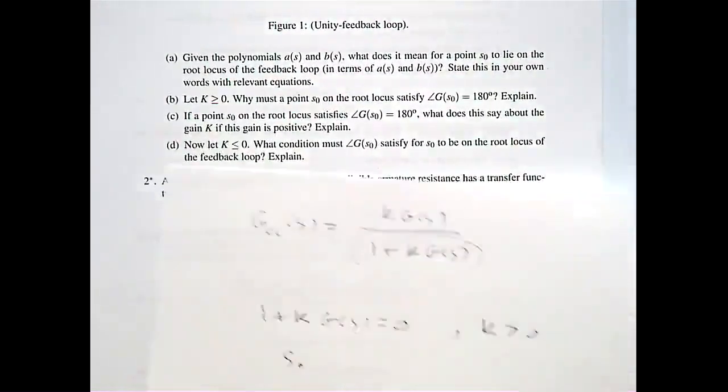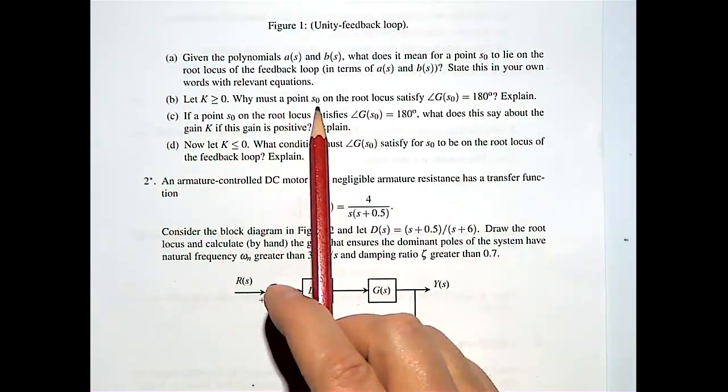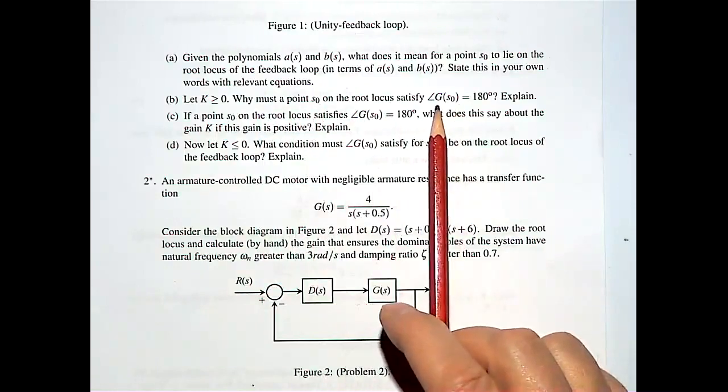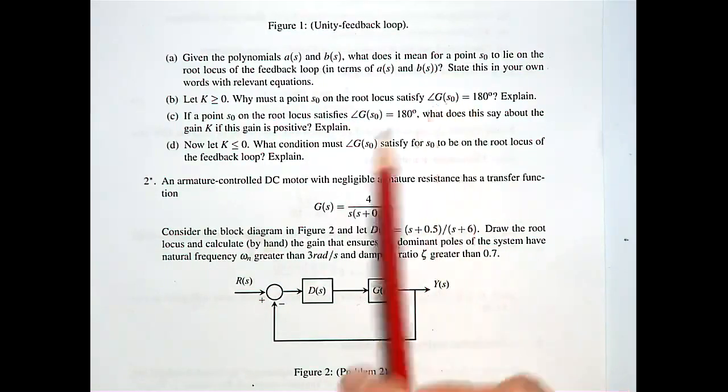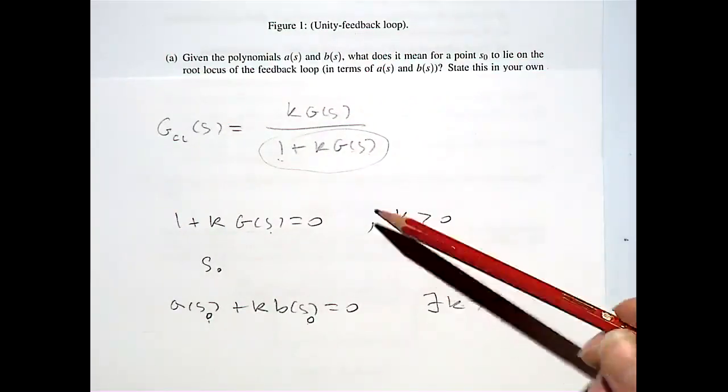All right. The second one says, let K be positive or non-negative. Why must a point s0 on the root locus satisfy the phase condition that the phase of G at that point is 180 degrees? Why is that the case? Look at this equation here.